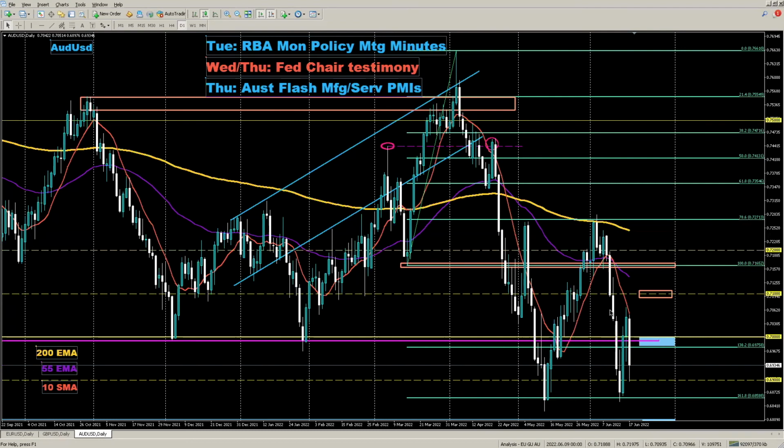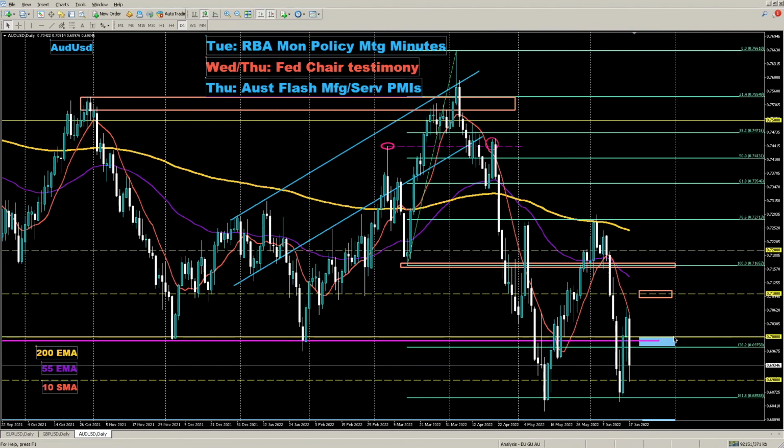And similar to the euro and the cable, it did continue lower right from the start of the week, falling past the key round figure of 70 and just past the 69 figure into the 162 fib extension before recovering to climb back up above 70, but then on Friday it did fall all the way back down to 69.